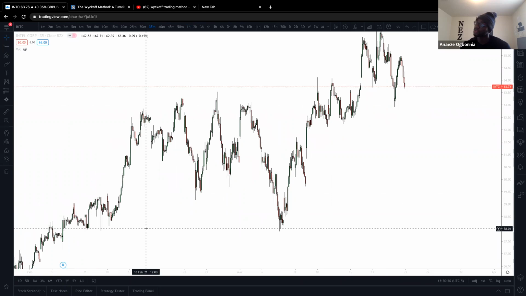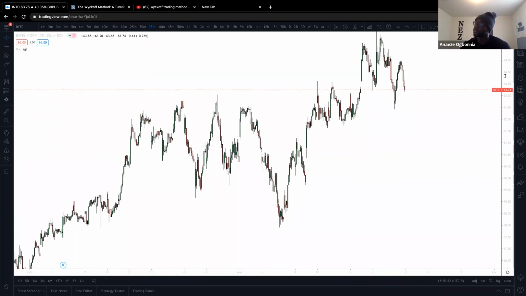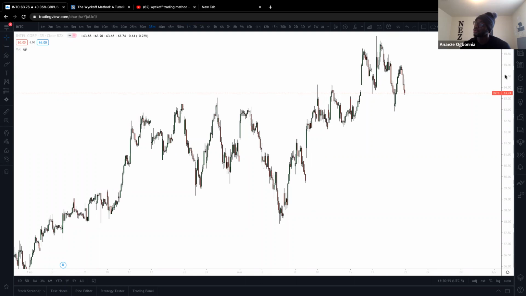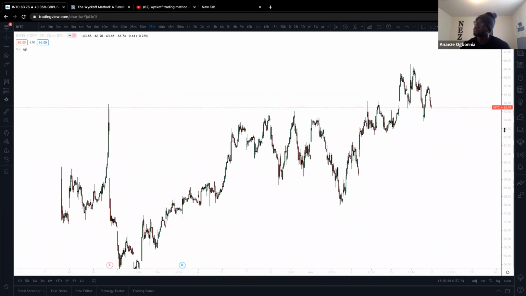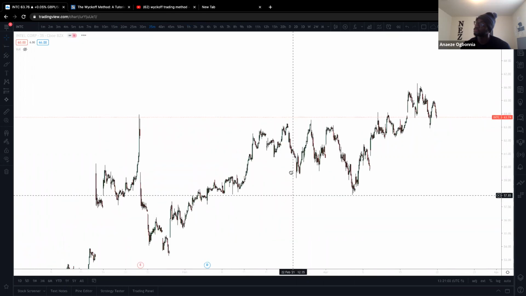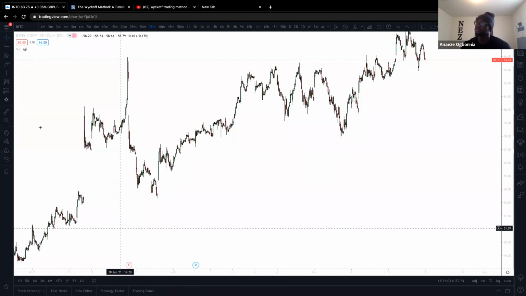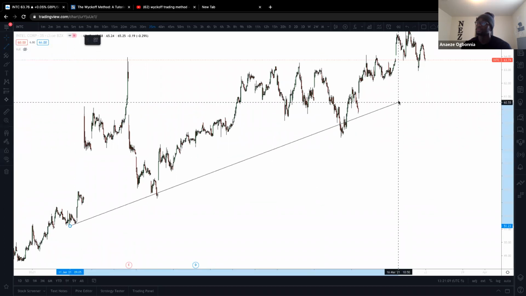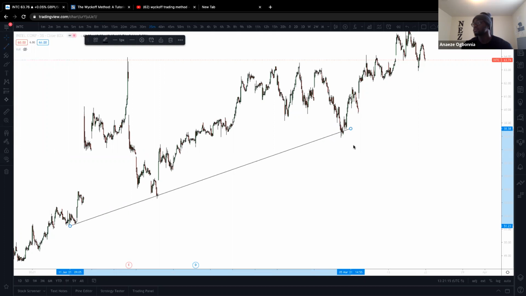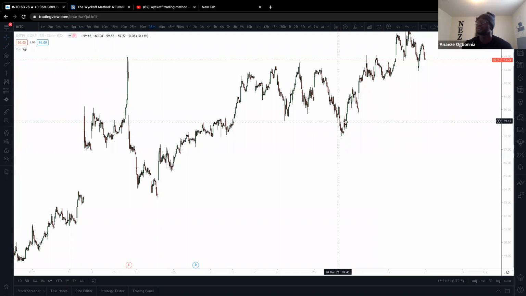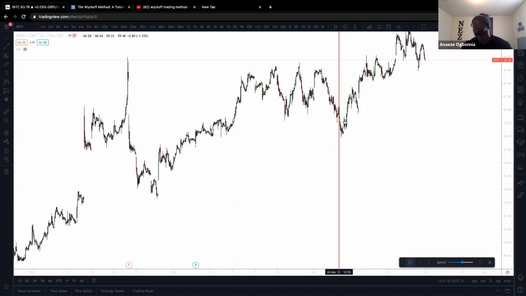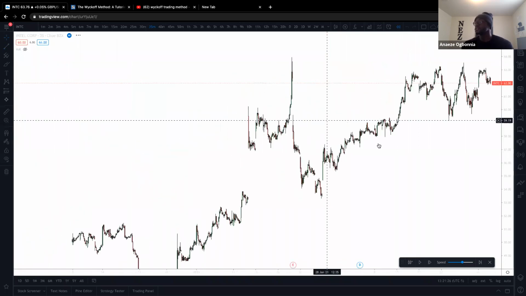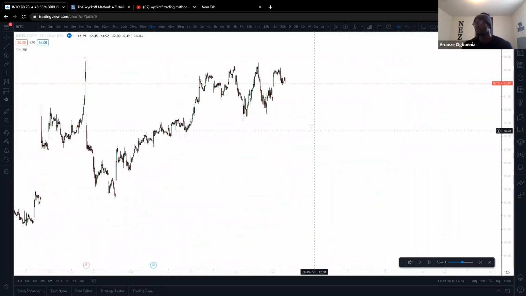I'm just trying to figure out how to demonstrate it real quickly. All right, let's backtest: entries, confirmations, all that kind of stuff. So we have INTC, which is Intel Corporation.